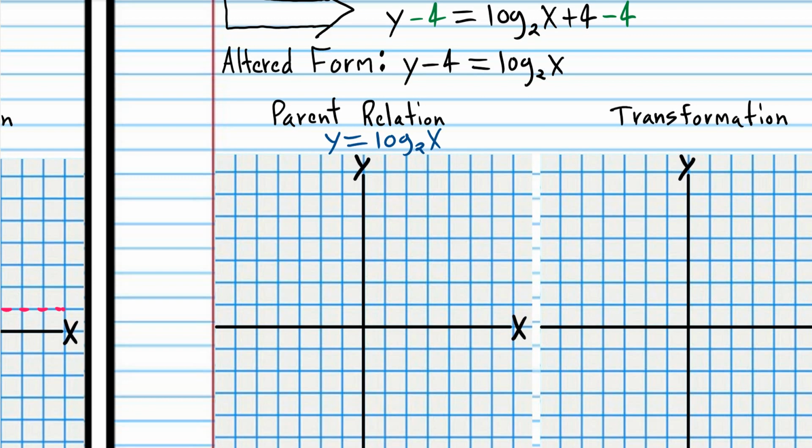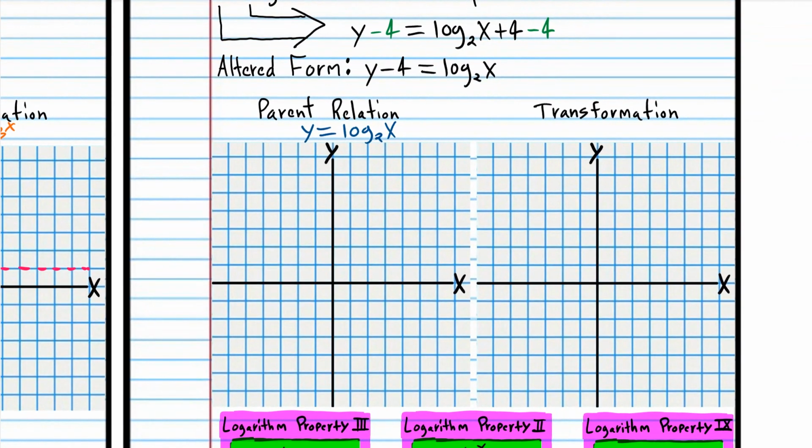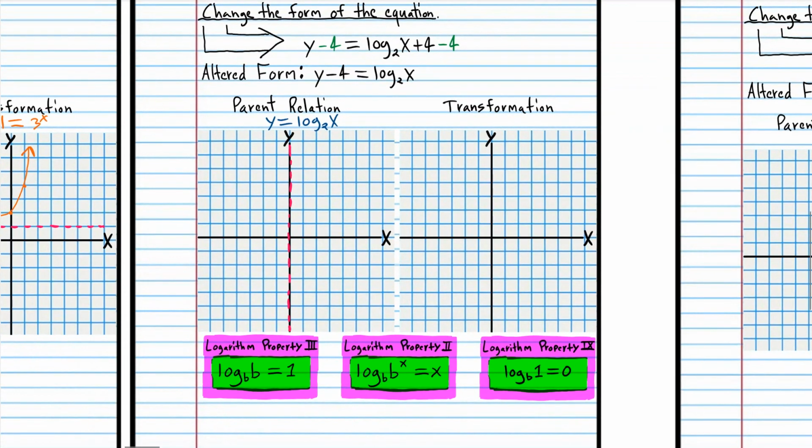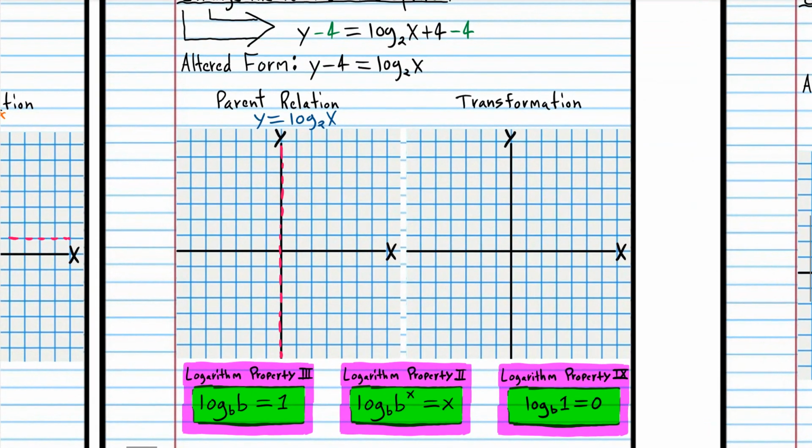Now, you know that if you have a logarithmic graph, it's going to have a vertical asymptote, and we can use these logarithm properties at the bottom to help us. We're going to use logarithm property 9 to find the point 1, 0. That's actually a point that's always on a logarithmic parent relation, regardless of the base of the logarithm.